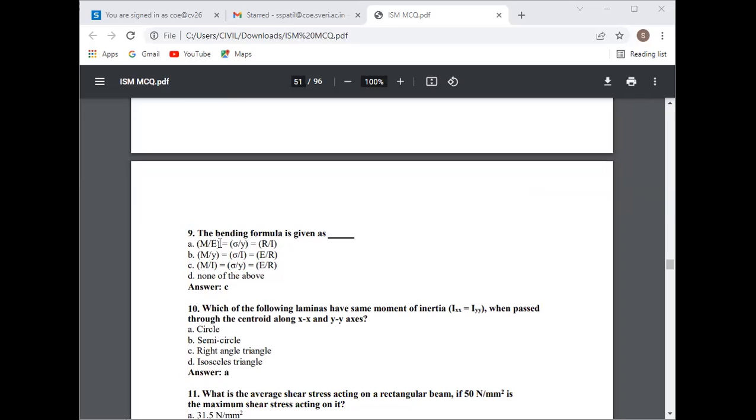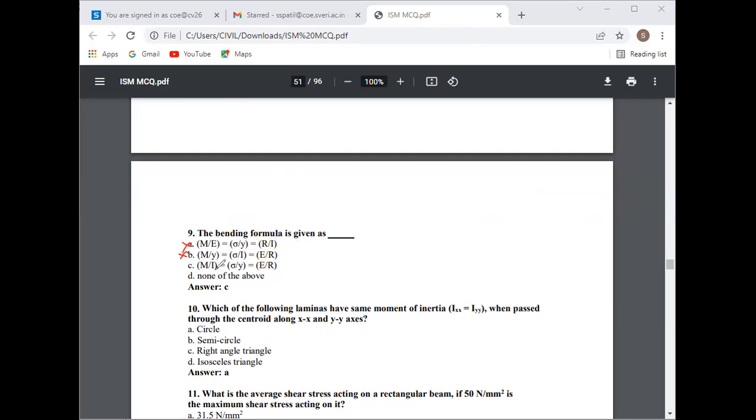What is the bending formula? The bending formula is given as, check option: M upon E, which is equal to sigma by Y, which is equal to R upon R. Not correct. M by Y, not possible.